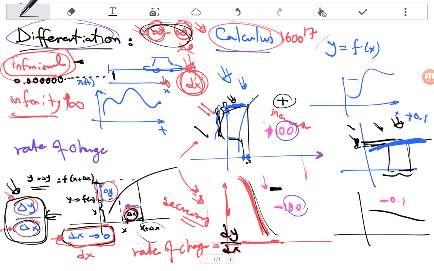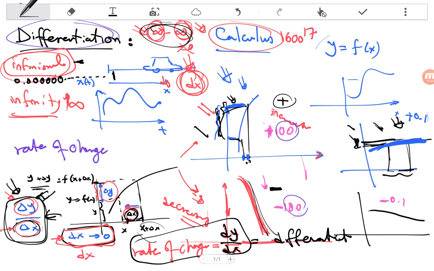But it was a new concept that Newton and Leibniz invented, the concept of infinitesimal, that made them able to calculate that rate of change. Now I'm dividing by a number that is not 0, but is approaching 0. In that case, we call it dy by dx, and that is exactly what we call the differentiation of the function.